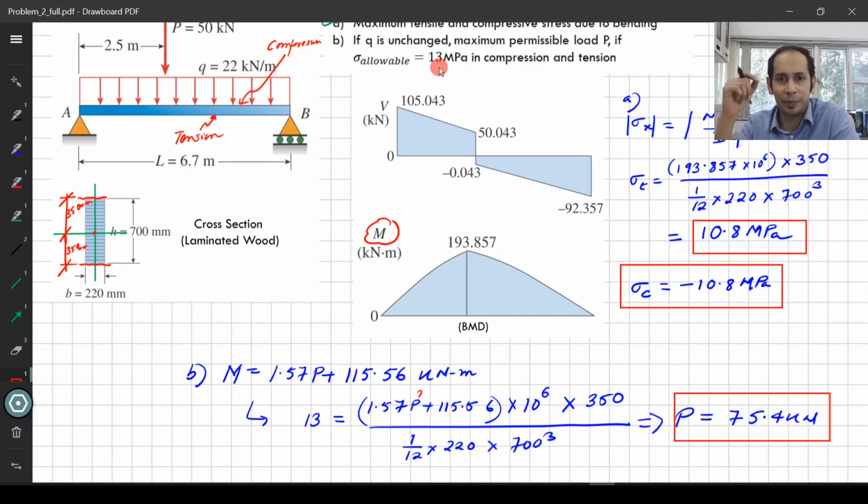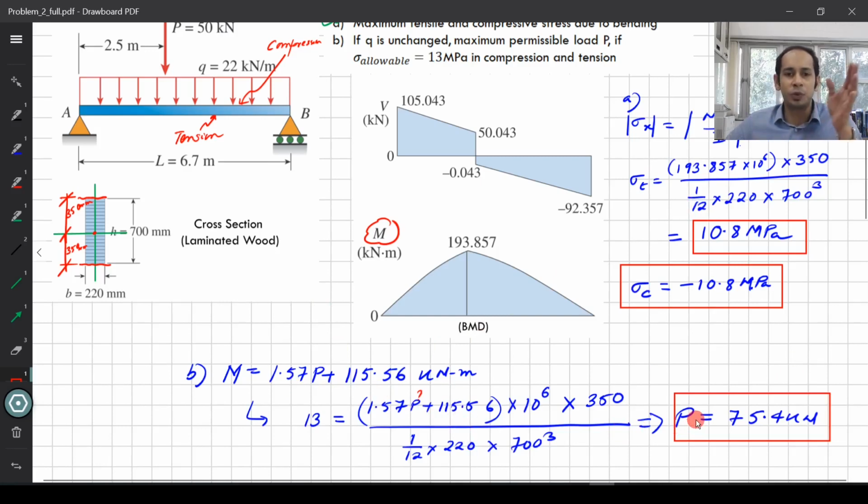That is why I kept telling you that adequately drawing the shear force diagram and bending moment diagram is extremely important, because this chapter and the next chapter heavily rely on you being able to draw correct shear force and bending moment diagrams. Imagine if you made a mistake in the bending moment diagram, that naturally carries over to the stresses or the maximum load P that you calculate.